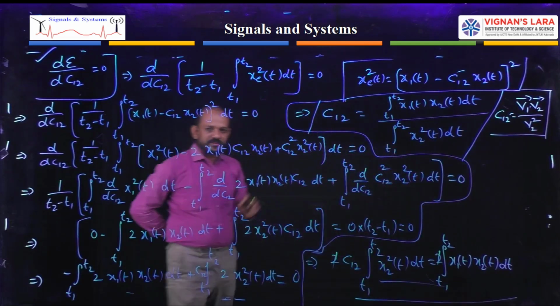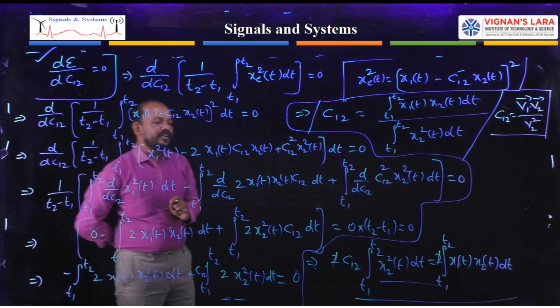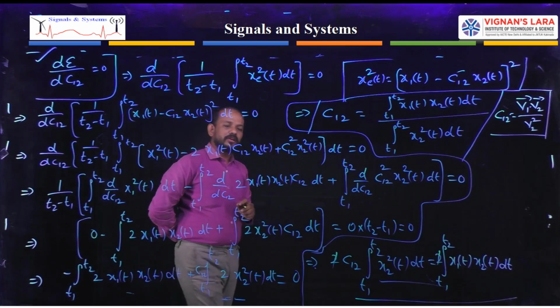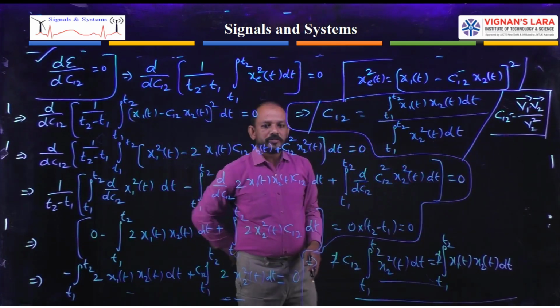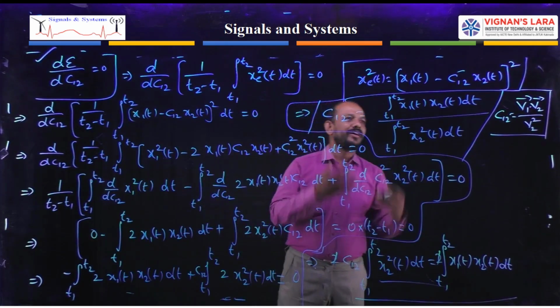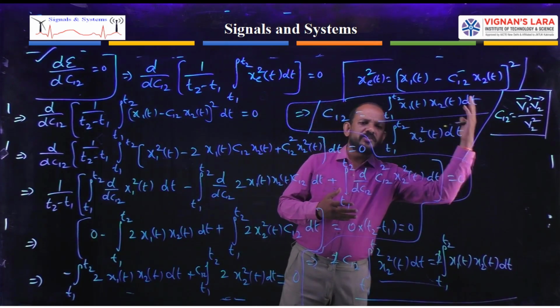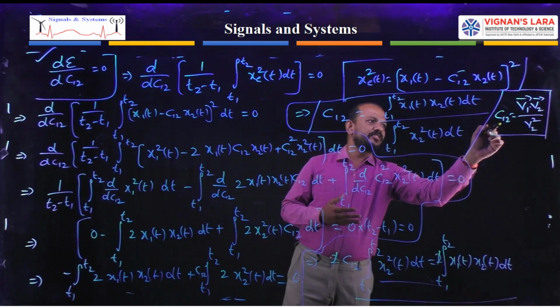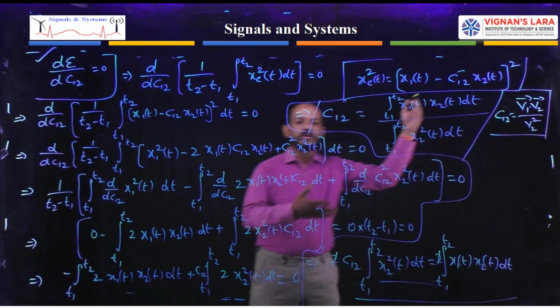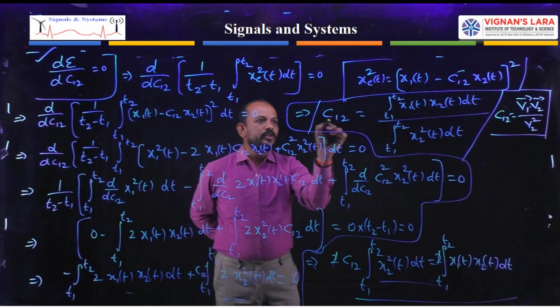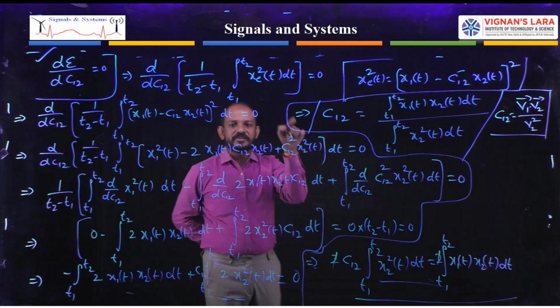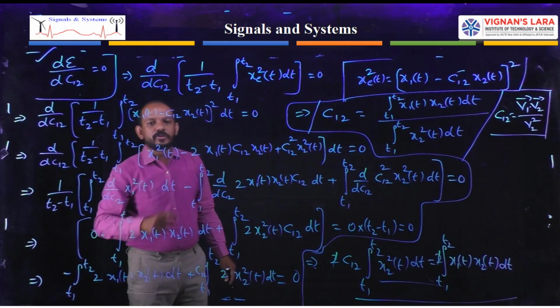In vectors, we say the two vectors are orthogonal to each other whenever C12 equals 0. So I am going for the analogy of the signals with respect to vectors. In vectors, if the C12 value is 0, then the two vectors are orthogonal to each other. In the same way, if the C12 value is 0, the two signals are said to be orthogonal to each other.